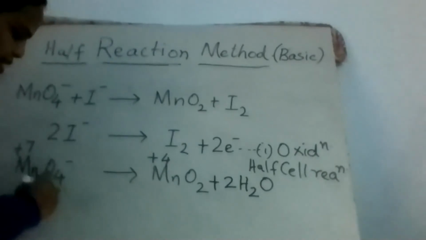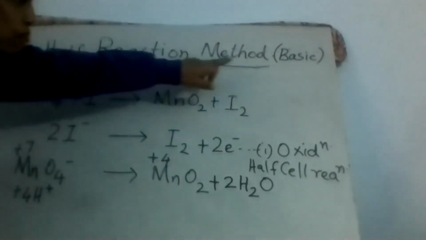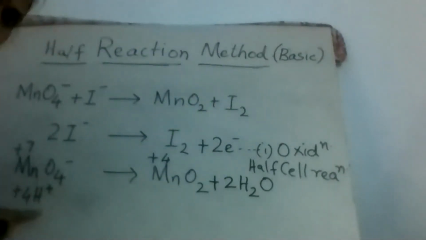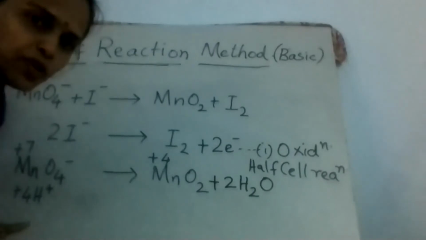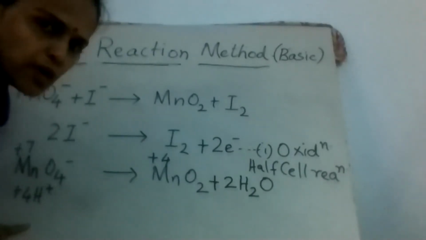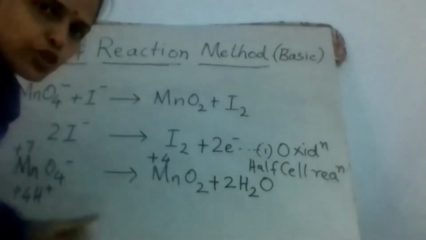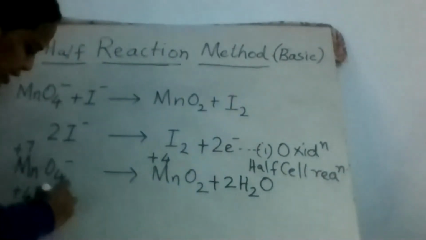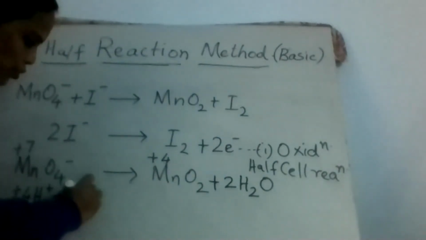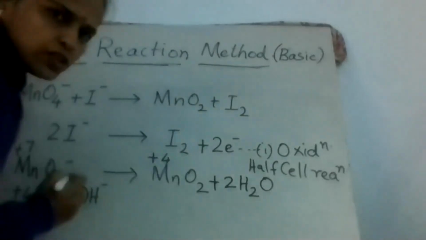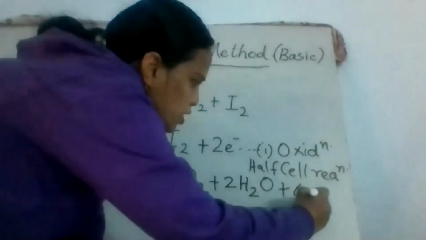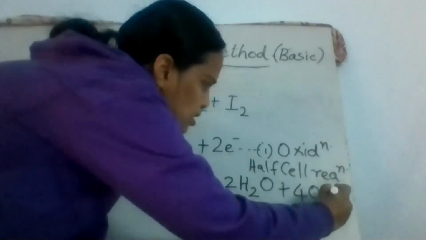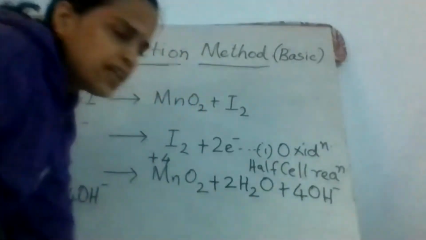And since I need to balance this equation in basic medium, the number of H plus ions I have added on the left hand side, I'll add the same number of OH minus ions on both the sides. So I'll add 4 OH minus on the left hand side, and also 4 OH minus on the right hand side.